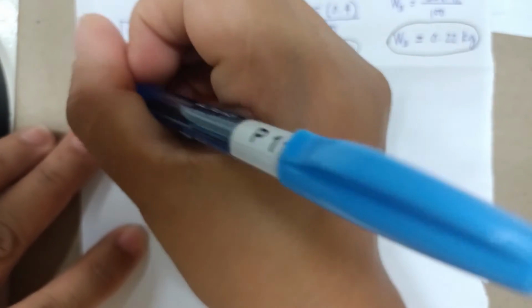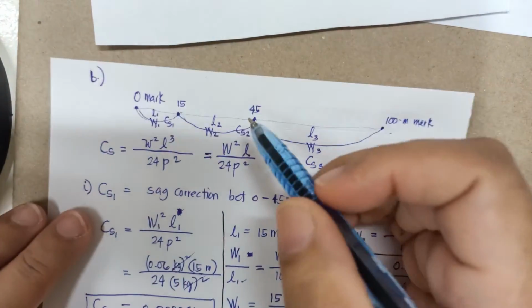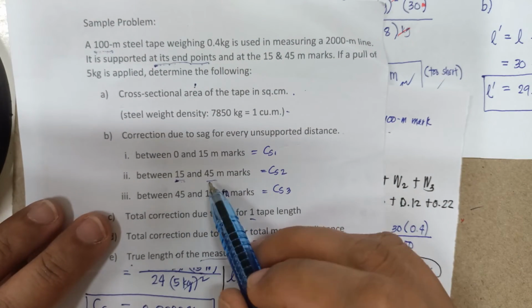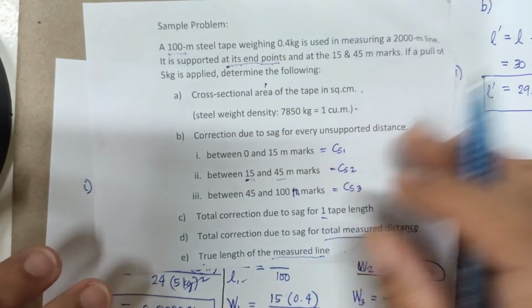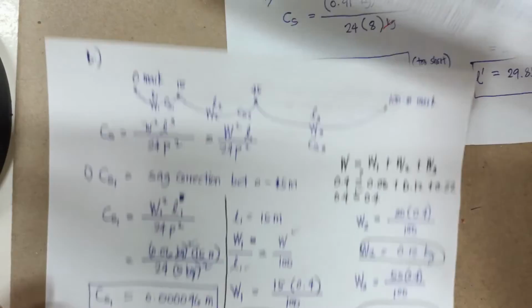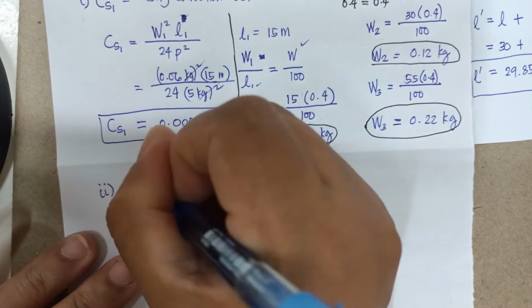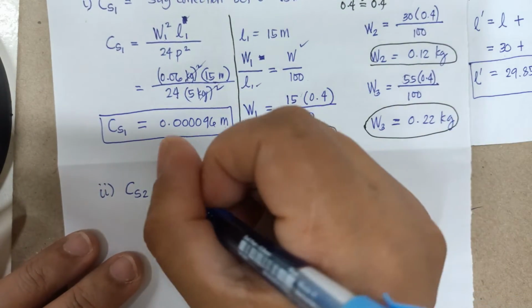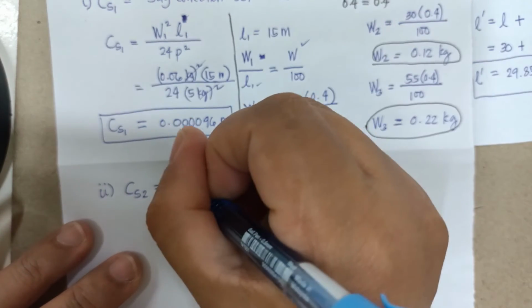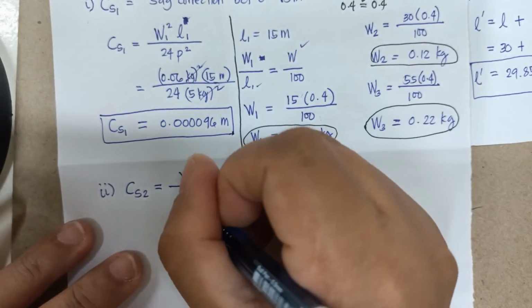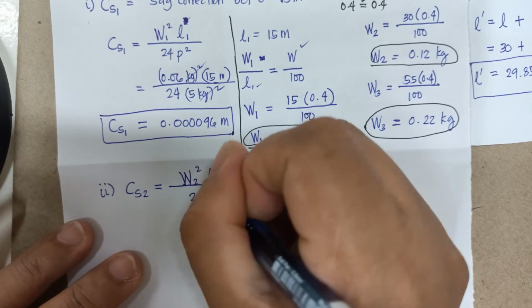For 2I, that is basically the sag correction between 15 and 45 meter marks. We denoted that one as CS sub 2. So CS sub 2 is equal to W sub 2 squared, L sub 2, over 24P squared.